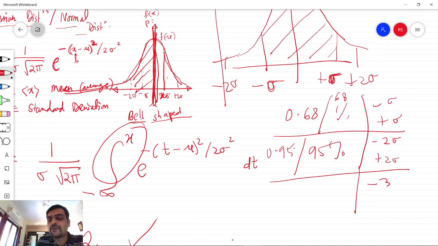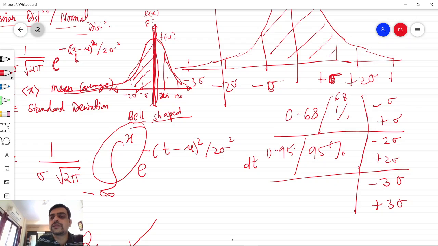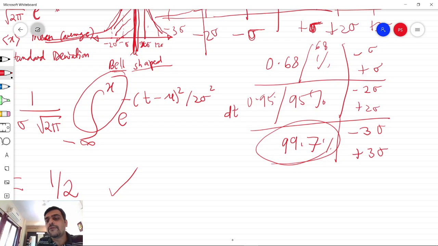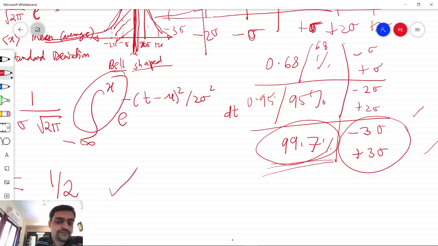Accordingly, if we cover from minus 3 sigma to plus 3 sigma, the corresponding area covered is almost 99.7%. So practically the entire area is covered over this region. Nothing much is left beyond this region, as can be understood from this percentage.